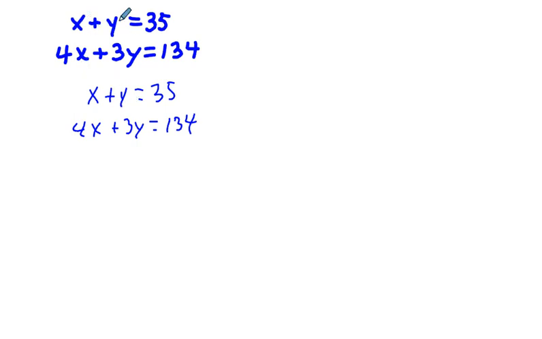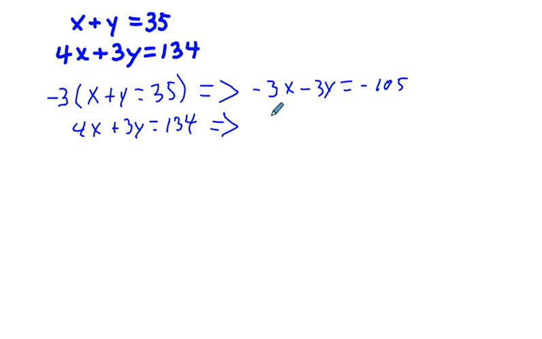And what I'm going to do with this top equation is multiply it by -3 and then work to the right. So if we multiply this whole equation by -3, we get -3x minus 3y equals -105. And then we rewrite the second equation right underneath it.